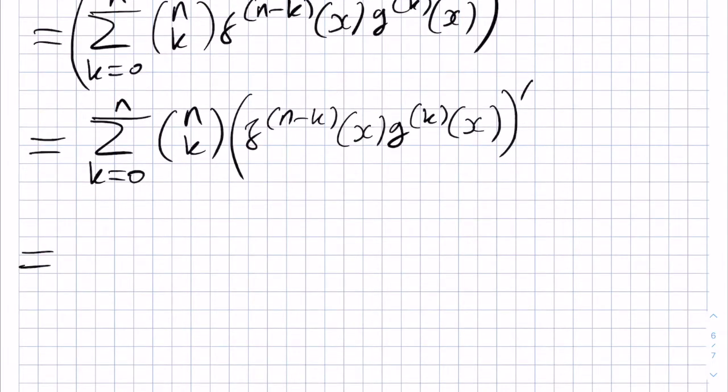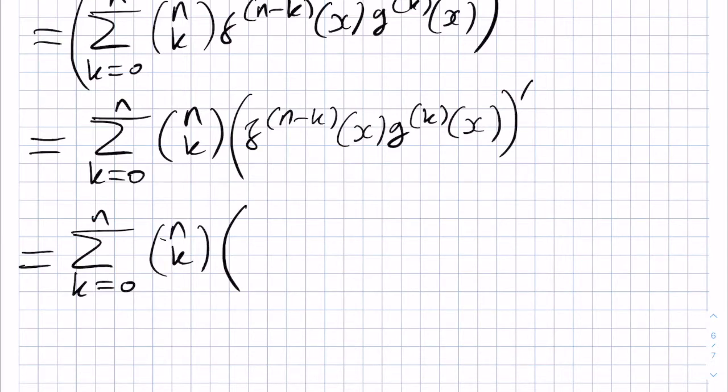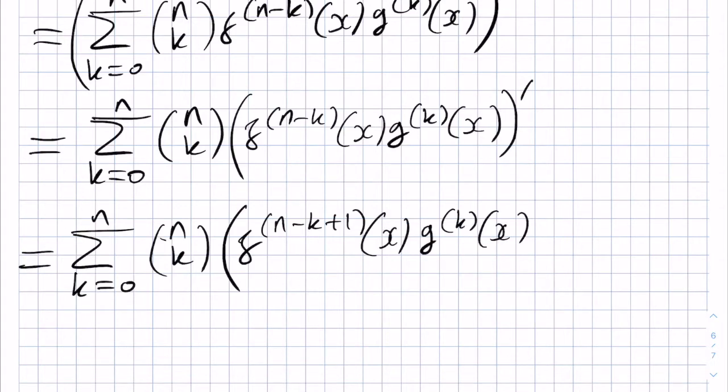This gives us, again, the sum k equals 0 up to n of n choose k, and then what do we have from the normal product rule? Well, we can first differentiate f once more, which gives us f with n minus k plus 1 for the number of derivatives, and then we have g with k. Similarly, you can do the same to g, and so we'll have f with n minus k, and we'll have g with k plus 1.